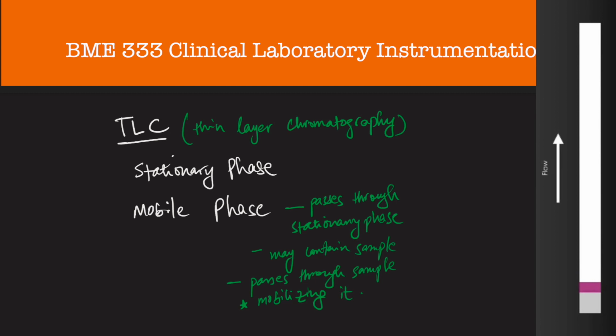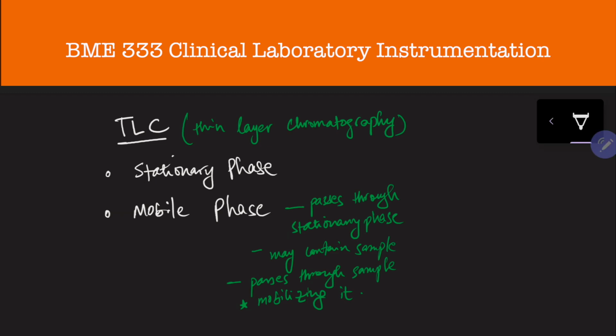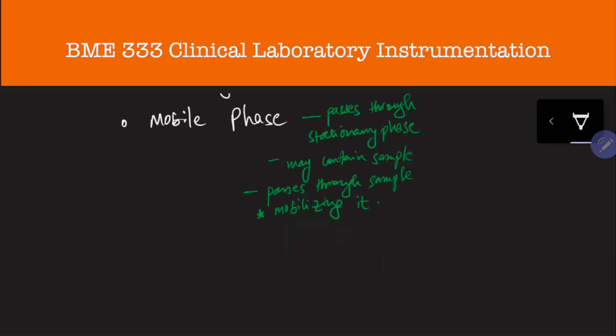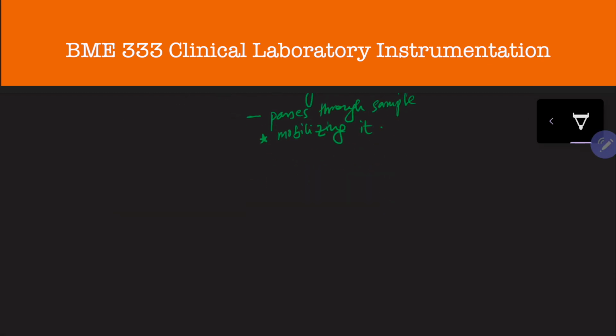The total distance that the solvent, our mobile phase, is going to travel is called the solvent front. And the ratio of the distance traveled by a component in the mixture, the dye, to the solvent front is known as the retention factor.